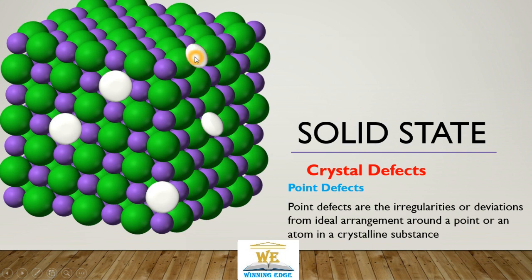A green ball is absent, and instead a white dot is present. Similarly here, in a green ball place we have a white ball. So these are breakings of the regular structure. Because they are present only at one particular point, these are known as point defects.